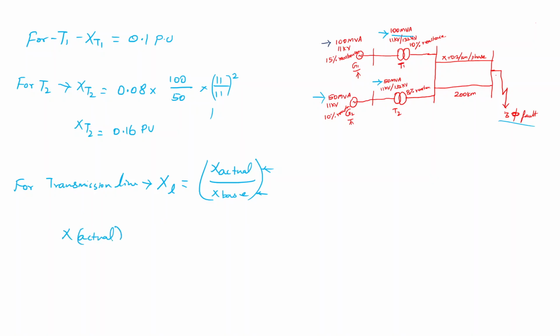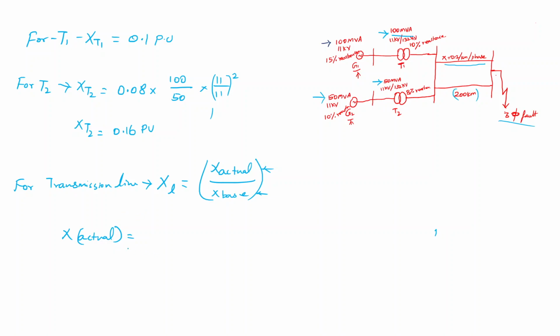They have given in the question, X actual is equal to 0.2 per kilometer per phase. Here how many kilometers are there totally? 200 kilometers.